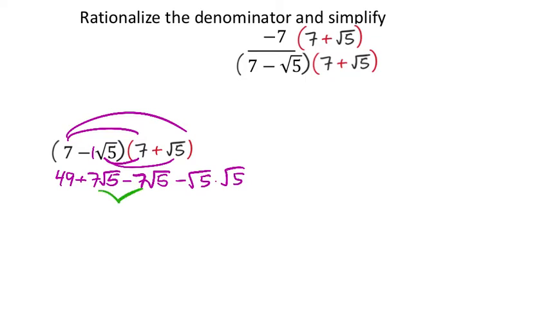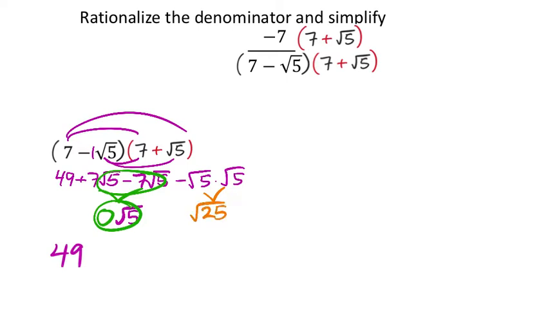But you see these two middle terms. 7 square roots of 5 minus 7 square roots of 5 is 0 square roots of 5, which means that really this is just a 0 term. These two end up zeroing out, just like you would with a difference of squares. So I got 49, but then I've got over here, this is square root of 5 times the square root of 5, which is the square root of 25. I skipped some work there.